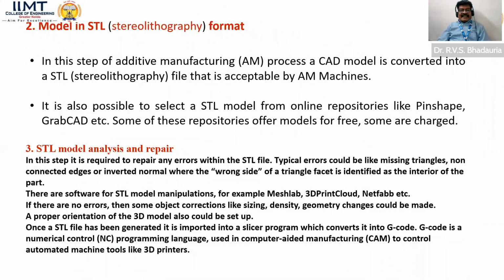Once an STL file has been generated, it is imported into a slicer program which converts it into G-code. G-code is a numerical control NC programming language used in computer aided manufacturing, CAM, to control automated machines like 3D printers.